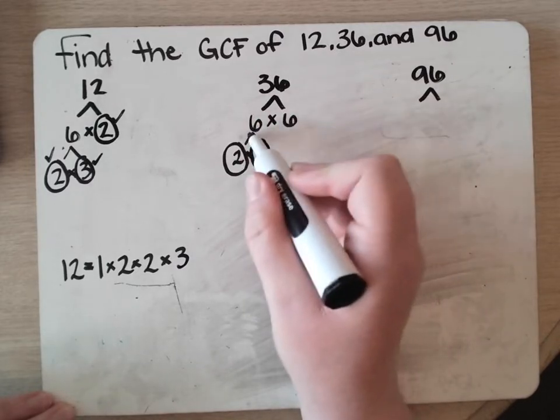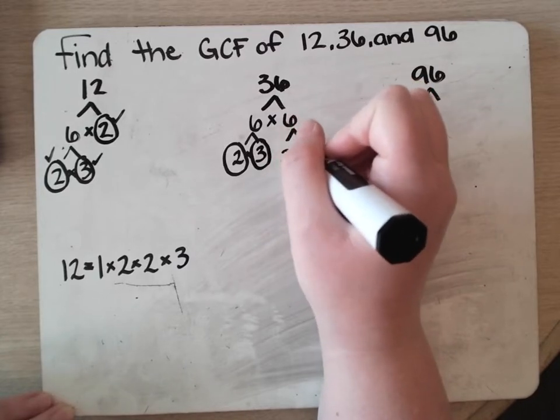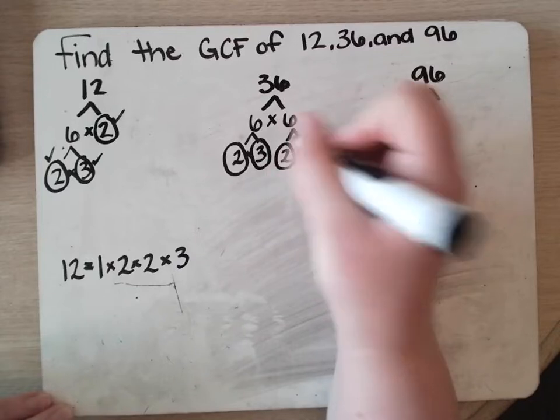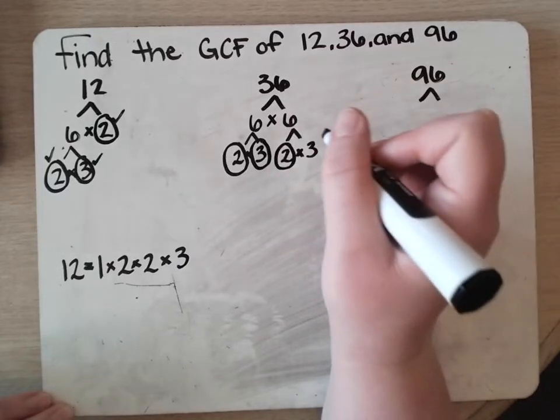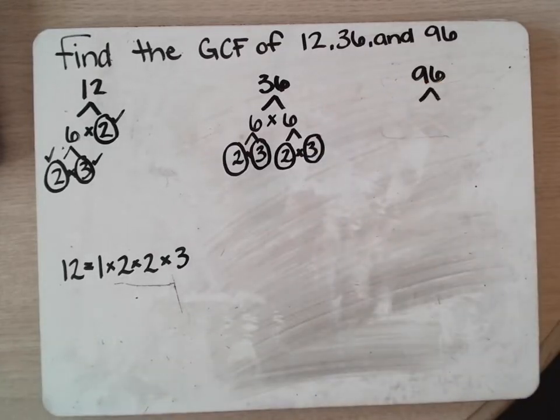And since this is the same number, my tree is going to look exactly the same. 2 times 3 equals 6. I'm circling my 2 because the only factors of 2 are 1 and 2. I'm circling my 3 because the only factors of 3 are 1 and 3.